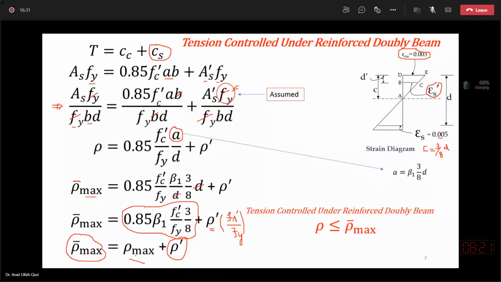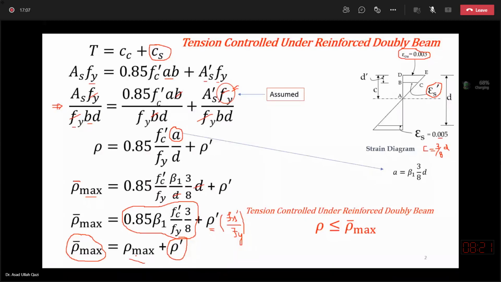So you can assume at this stage that even if I have a case 2 doubly beam, and in my assessment stage I have no exact idea what Fs prime will be, whether close to Fy or 50% of Fy, I can get a hint that if it finally is a case 2 doubly beam, my rho max will be further less. So in my classification, I need to be a little careful.